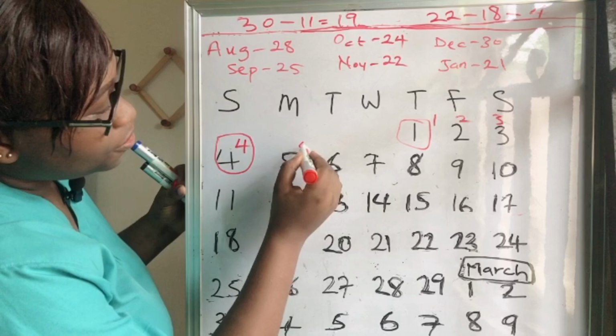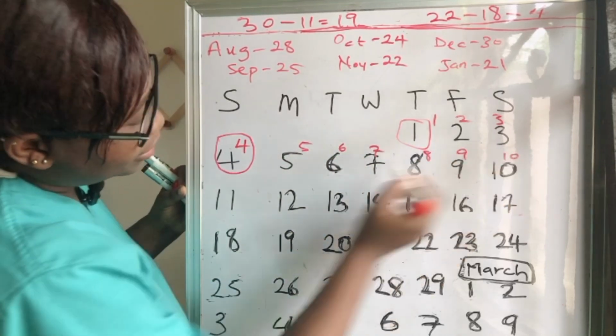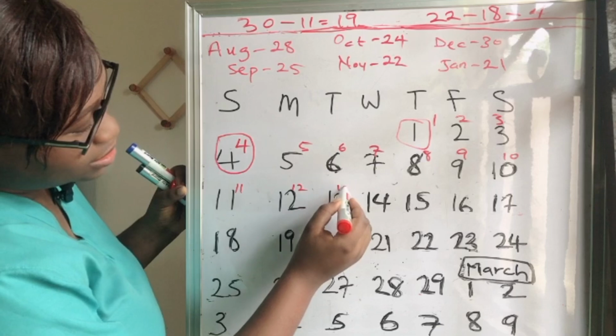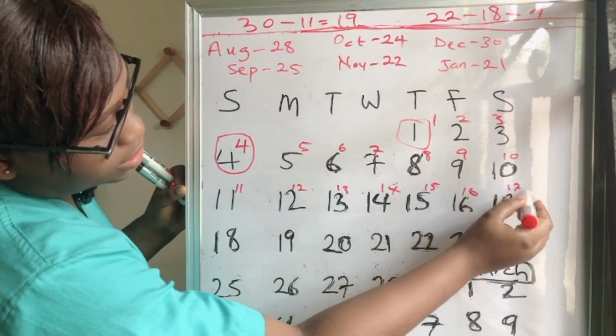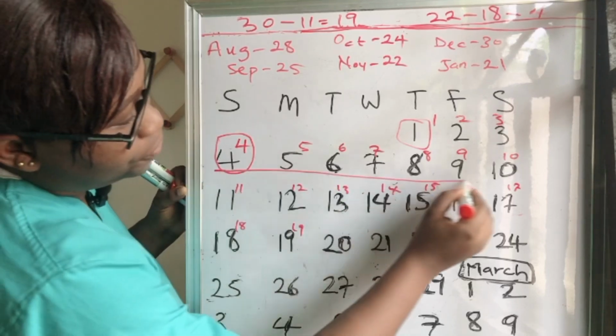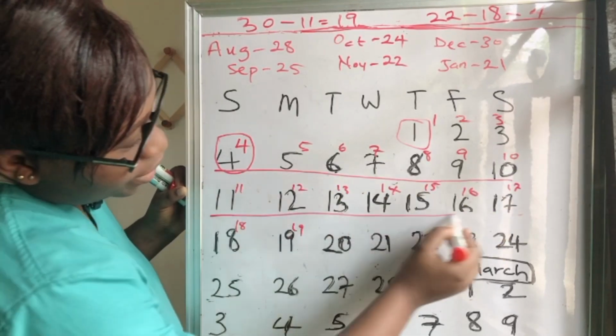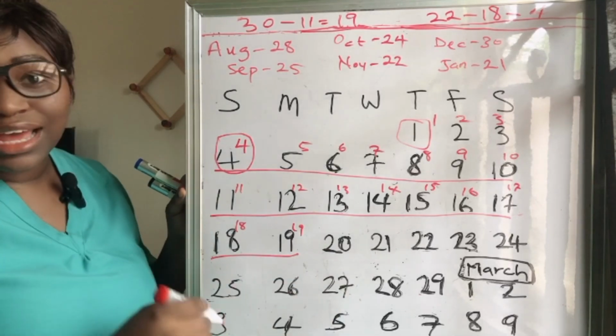This is day 4, 5, 6, 7, 8, 9, 10, 11, 12, 13, 14, 15, 16, 17, 18 and 19. So from cycle day 4 all the way to cycle day 19 is going to be her fertile days.